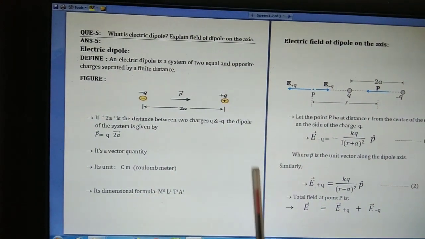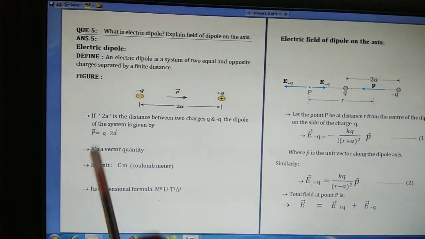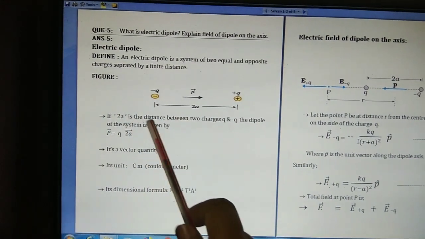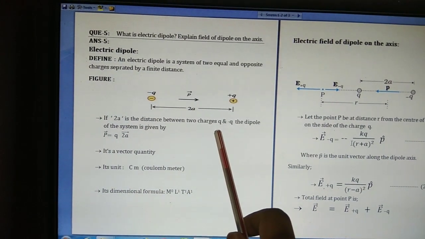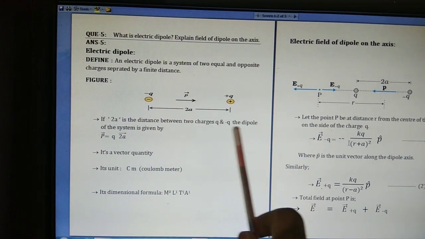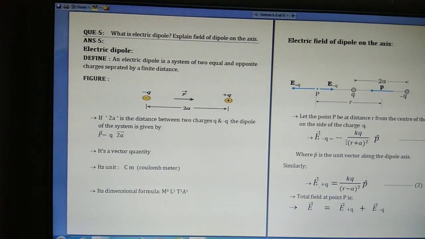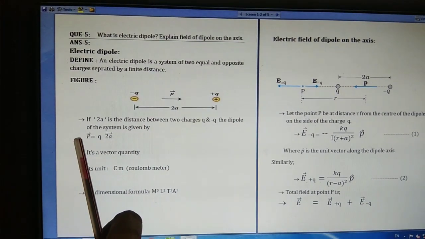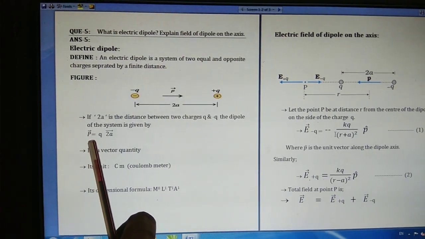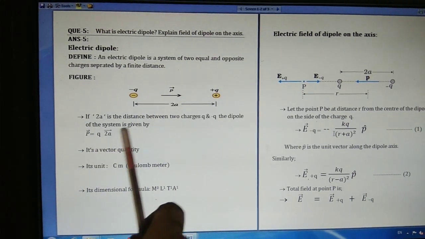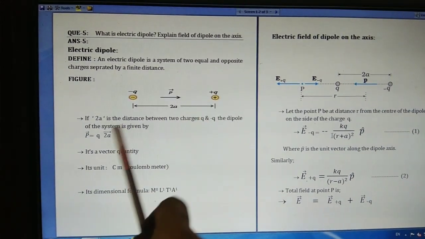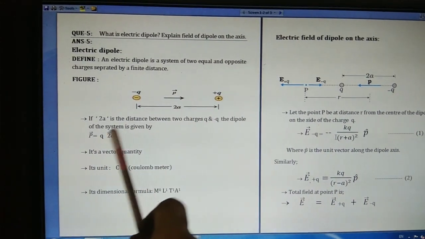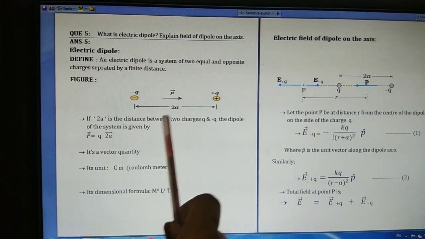If 2a is the distance between two charges plus q and minus q, the dipole moment of the system is given by P. It is the product of the magnitude of one of the charges, q, and the separation distance, 2a.